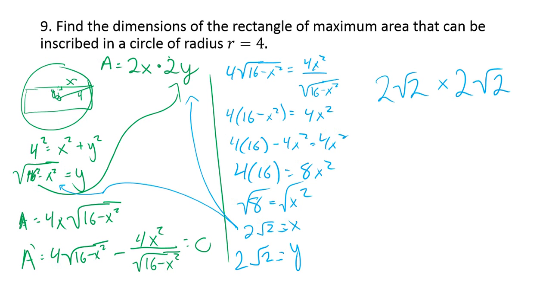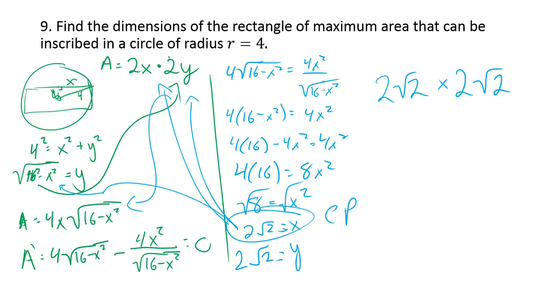Again, once you get this critical point, your CP, you check it by plugging it into your area formula, to see if we maximize the area, or we plug in our other points, which would be 4 times 0 and 0 times 4, which obviously our endpoints would not be that.